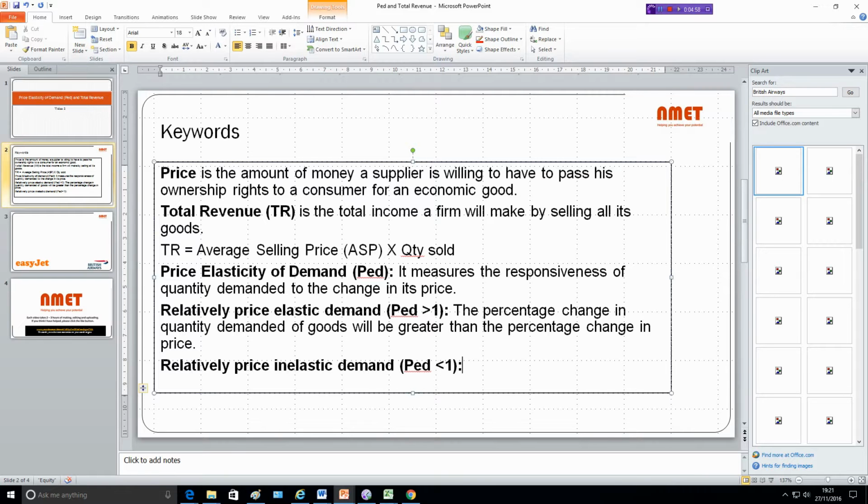And what would that mean? It would mean the percentage change in quantity demanded would be lower.